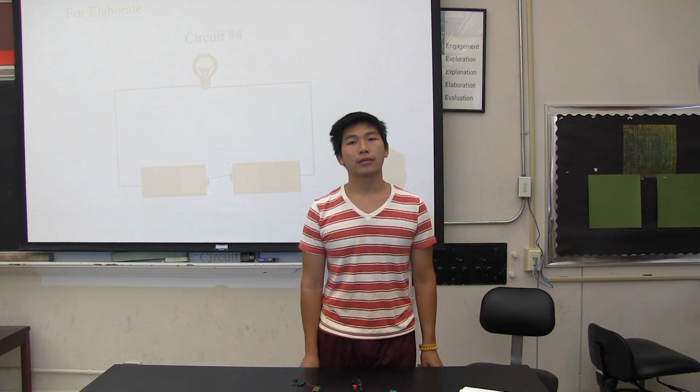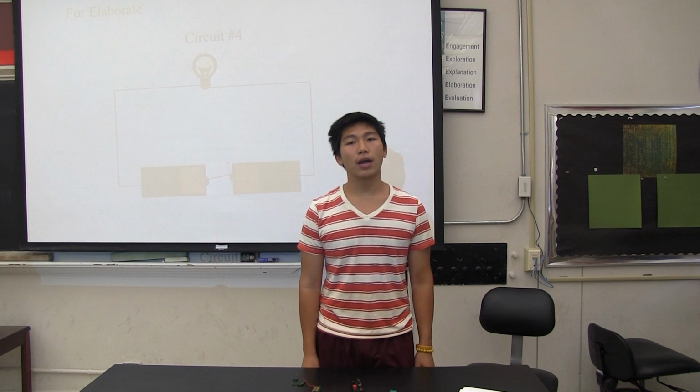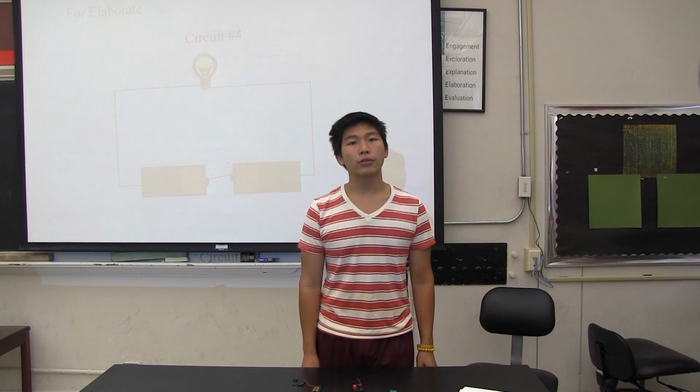Great. Now that we have our circuit built, we can see that it really doesn't work. Talk to your shoulder partner for a couple of minutes and come up with an answer to the following question. Make sure in your answer you include an explanation of what is happening to the electron in the circuits. The question is, why does this circuit not work?